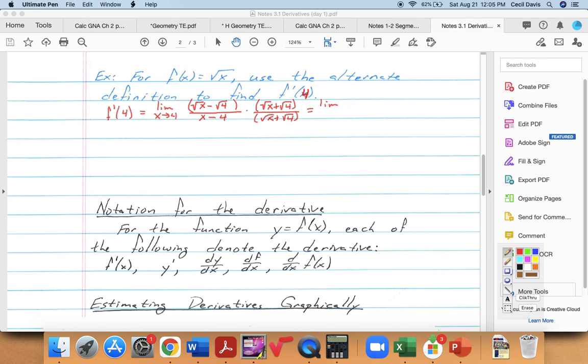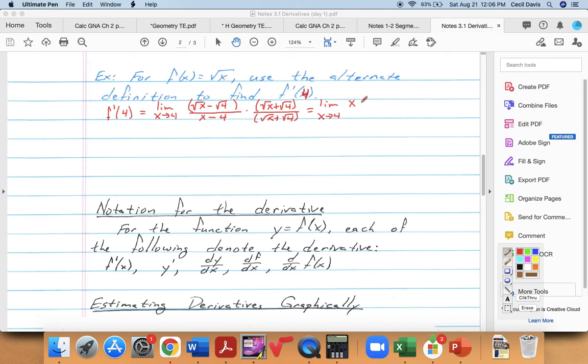Well, let's see. I'm going to have the limit as x approaches 4 of the square root of x times the square root of x is x. And then for my middle term, I'm going to have the square root of x times the square root of 4 is the square root of 4x. And then I'm going to have minus the square root of 4 times the square root of x will be the square root of 4x also. So I'm going to end up with 0.